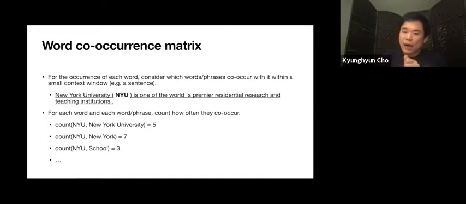And then we're going to count the number of those co-occurrences. For instance, in our example earlier, NYU and the phrase New York University occurred 5 times. So we're going to count this co-occurrence as 5. NYU and phrase New York appear 7 times together. And then we can do that for as large data set as possible with the latest and greatest compute architectures or the compute resources.